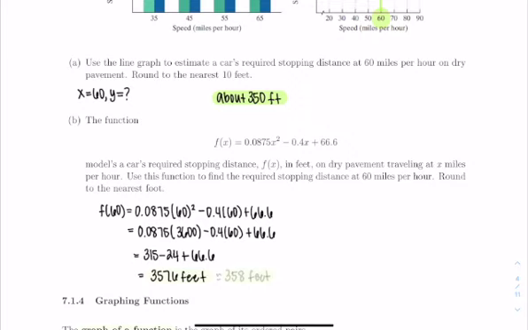So our estimation was pretty good at about 350, but the actual answer is 357.6 feet. And if we round to the nearest foot, we would round this up to about 358 feet.